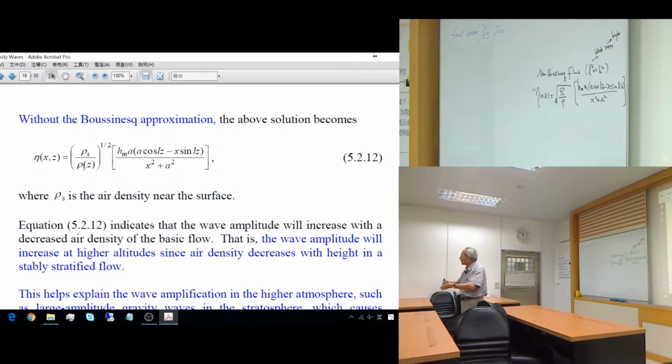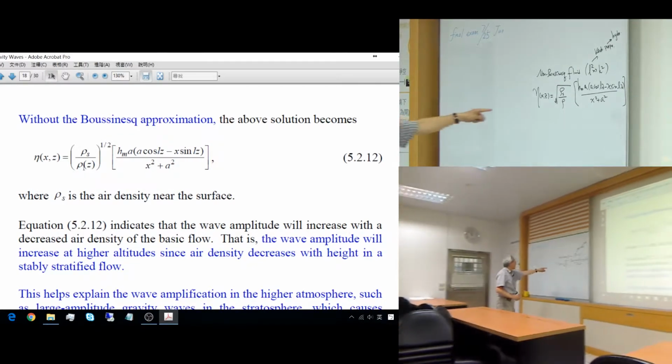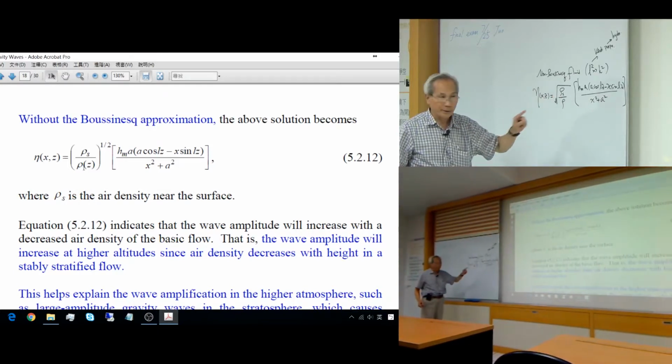That's why you can see some waves in the troposphere that are not very large, but they amplify in the stratosphere, because the density there is much less than near the surface.